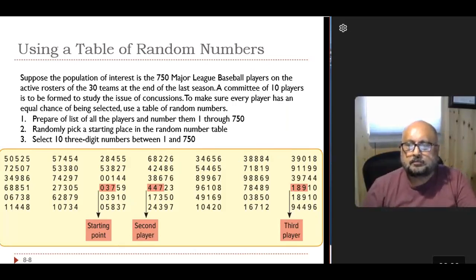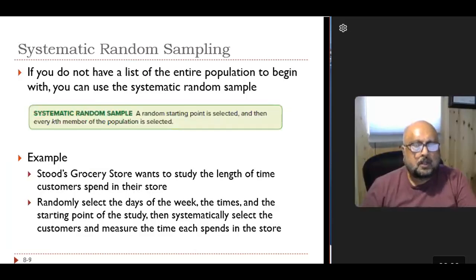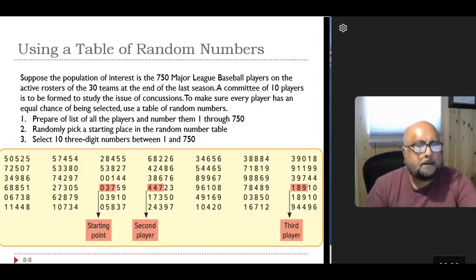Okay, so let's look at this example. It says the population of interest is 750 Major League Baseball players on the active rosters of 30 teams at the end of the last season.